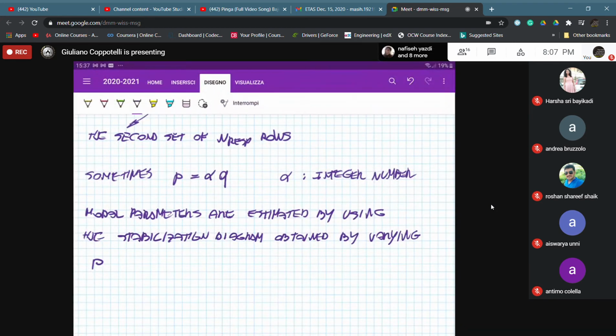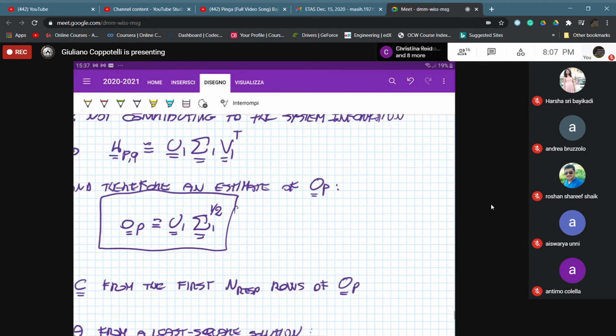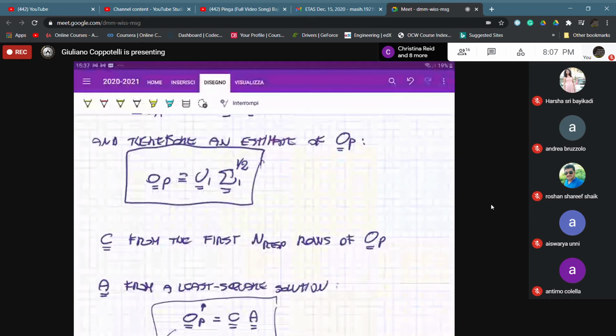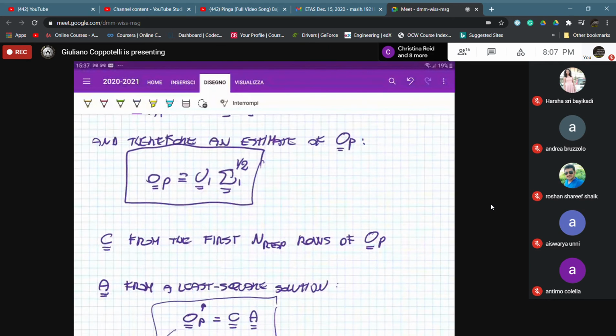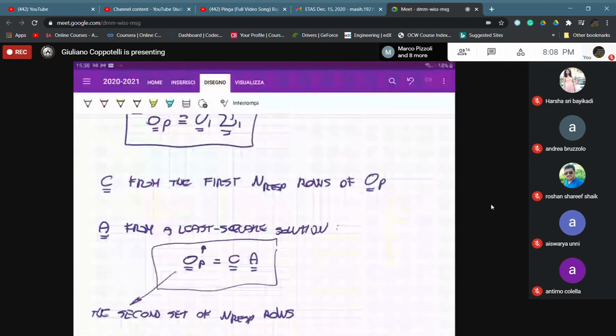We perform the singular value decomposition. We retain only the parts that we are considering important in terms of singular values. And then what we are doing is just solving, here it is, C from the first n rows of OP, and then a least square solution of that equation that we are seeing in the display right now.